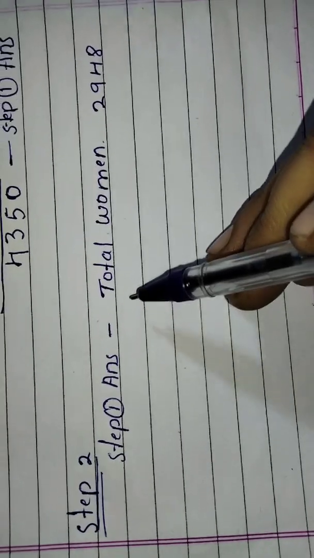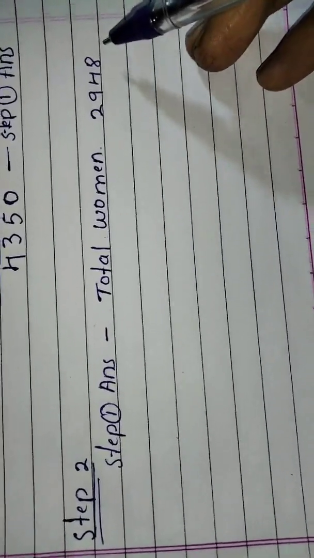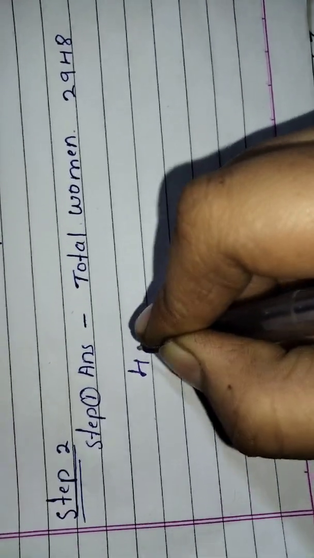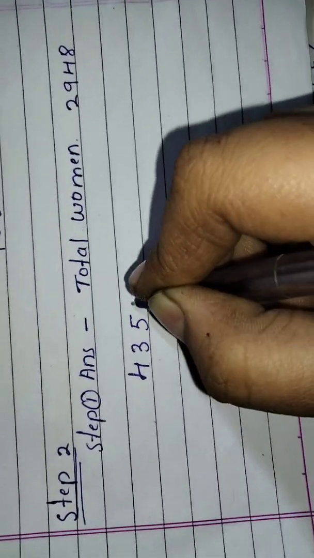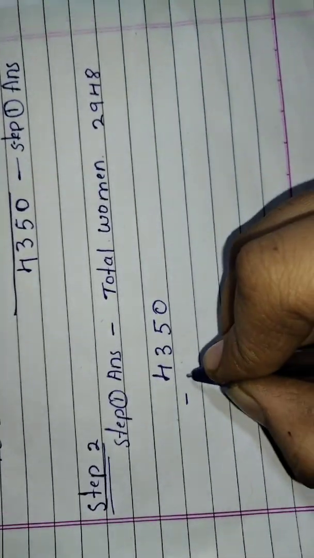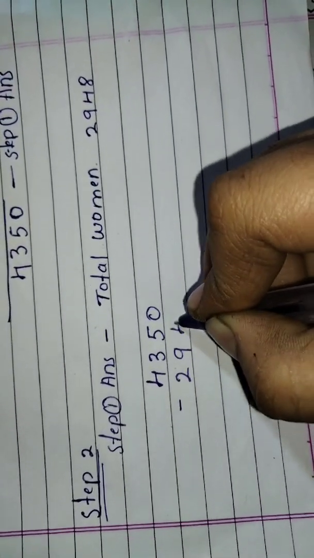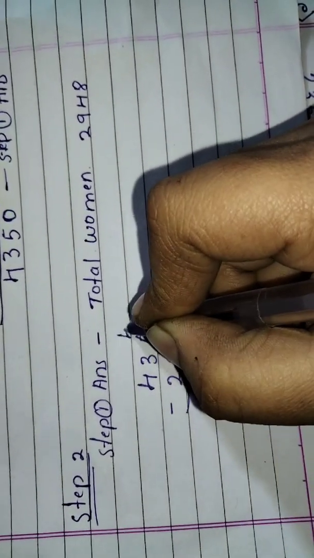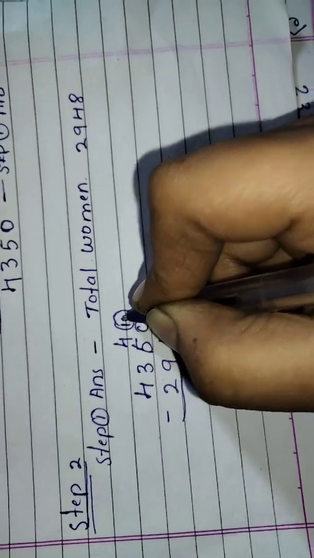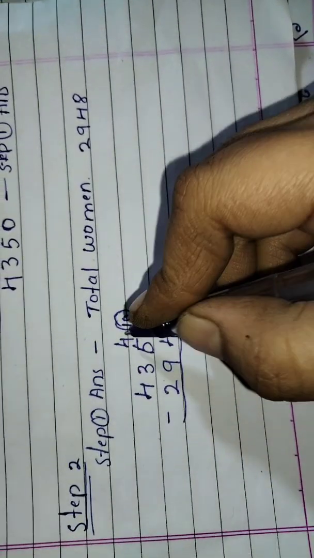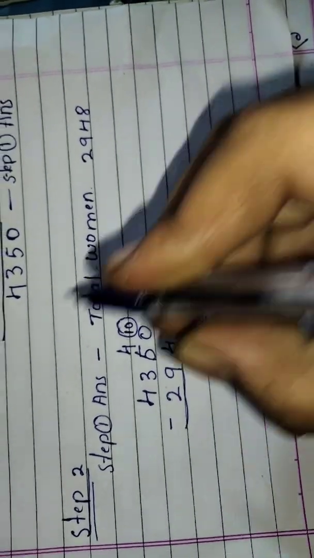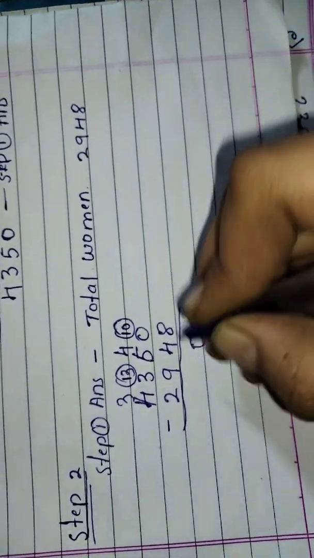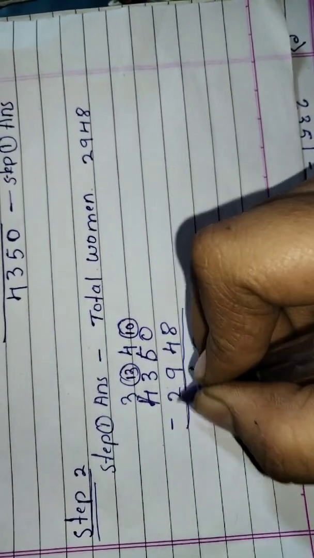Step 1 answer, 4,350, minus total women 2,948. 4, 10, 10 minus 8, 2. 4 minus 4, 0. 13 minus 9, 4. 3 minus 2, 1.